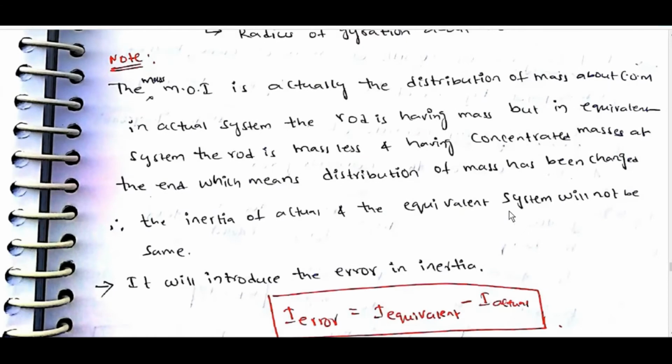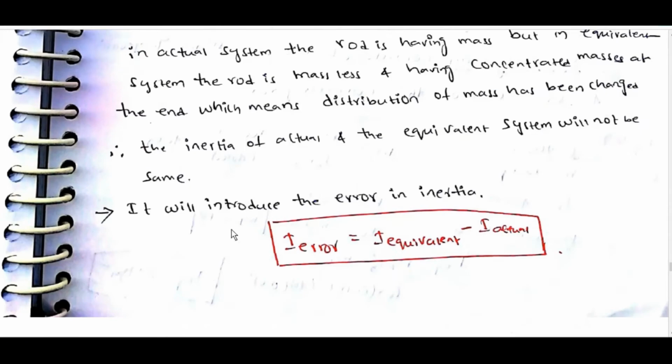Note: the mass moment of inertia is the distribution of mass about the center of mass. In the actual system the rod has mass, but in the equivalent system the rod is massless and has concentrated masses at the ends, which means the distribution of mass has been changed. The inertia of the actual and equivalent system will not be the same, which introduces error in inertia.